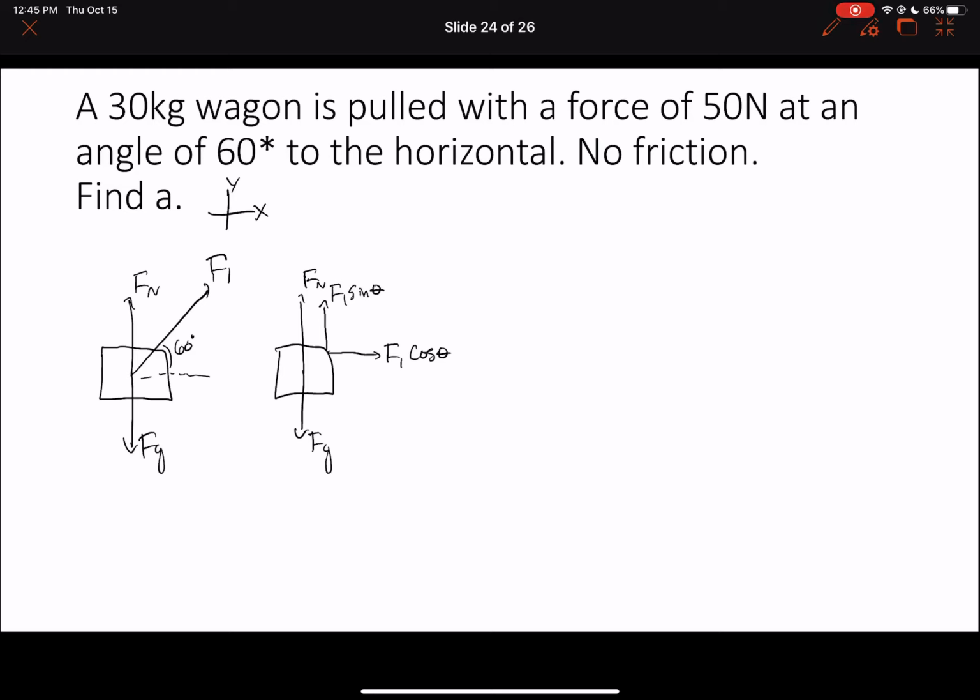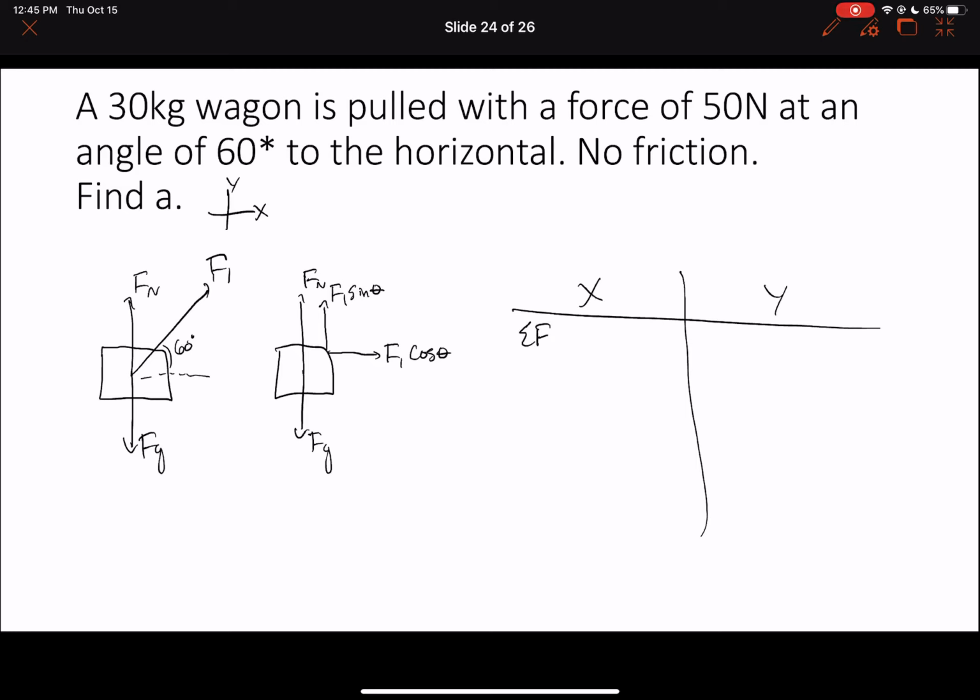Pause for a second. Realize Fn is up, Fg is down, F1 is at an angle, and so we need to split the components. F1 sine theta gives us the y component that goes up. F1 cosine theta gives us the x component that goes to the side. Once we have our working diagram, we can do our XY chart.